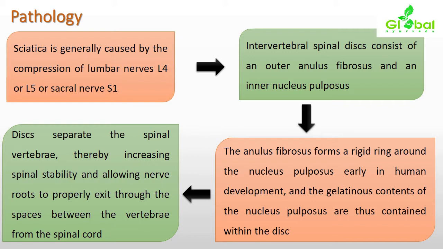Normally, the annulus fibrosus, the outer layer around the intervertebral spinal disc, forms a rigid ring-like structure in the early development of the human body. Within this rigid ring of annulus fibrosus, gelatinous, mucilaginous content, the nucleus pulposus, is present, which always provides a lubricating, easy movement and soothing effect for the intervertebral spinal disc.